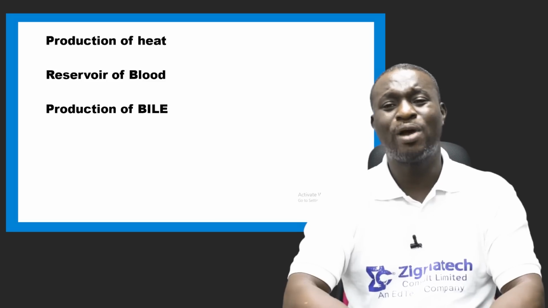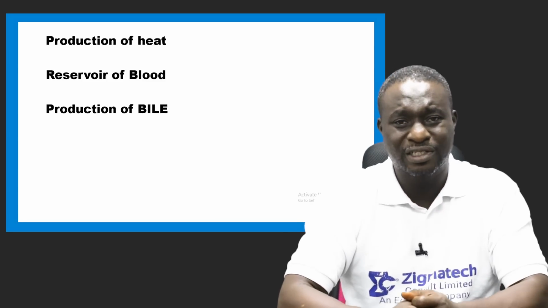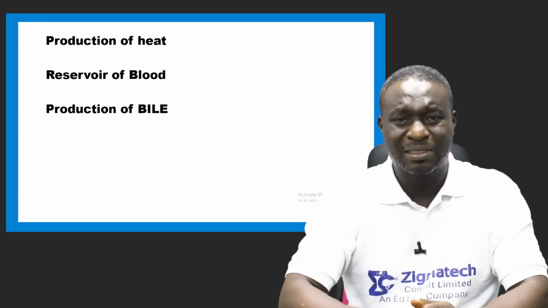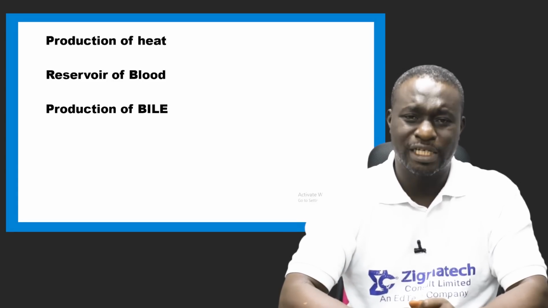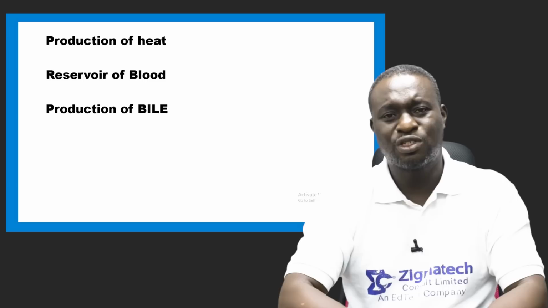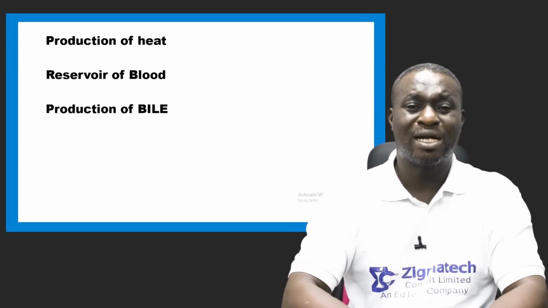The liver also helps to regulate fats and oils, and I'm going to be talking about that later. But also, the liver helps to regulate blood proteins. And how does it regulate blood proteins? The end product of protein is amino acid.